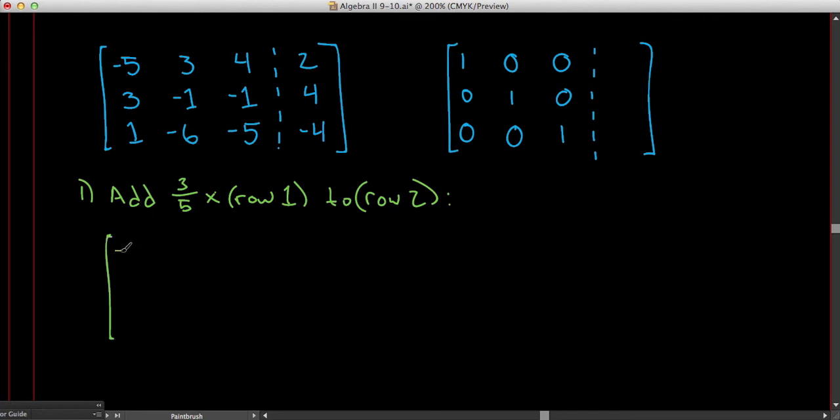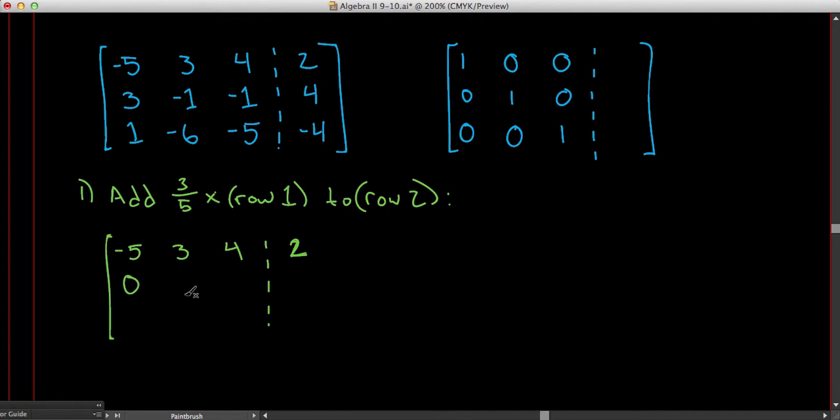So our first row is going to stay the same, -5, 3, 4, and then, of course, we have 2. And then our second row, so if I multiply -5 times 3/5, I'm just left with -3. And then if I add that to +3, that's going to give me my 0 here. And that was actually the reason why I multiplied it by 3/5 in the first place, is to eliminate that 3.